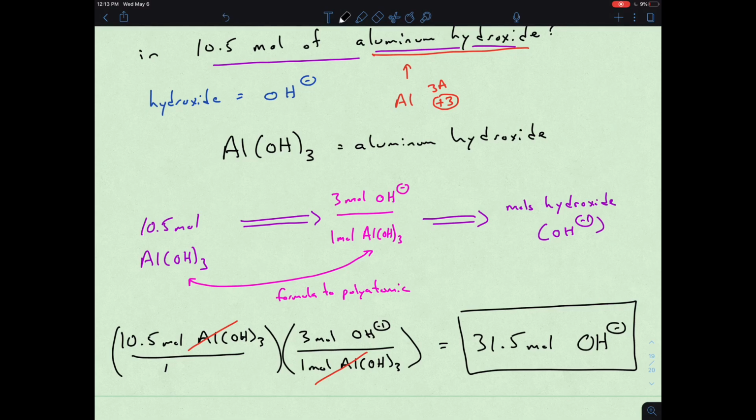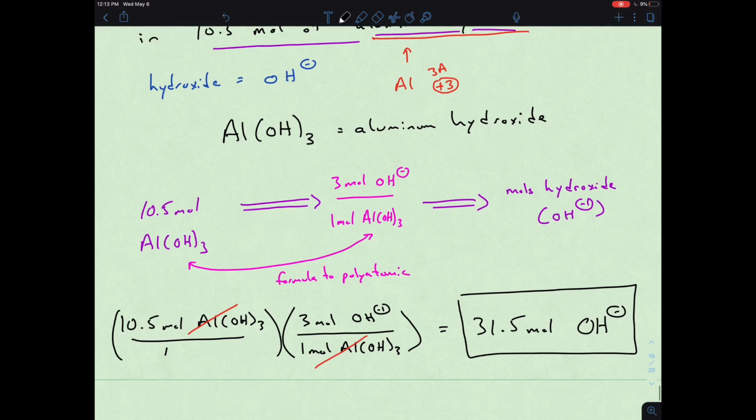Let's take it an additional level. So here we used the formula, but let's take it to something we'll see a lot more.